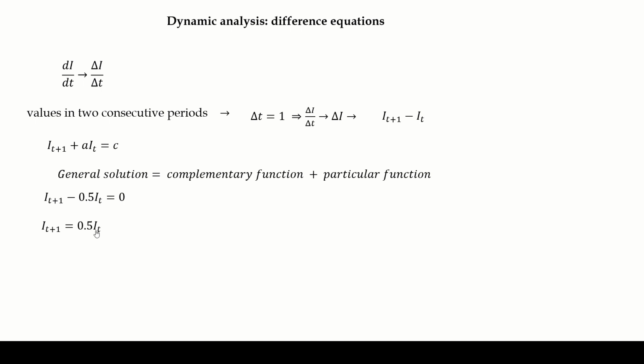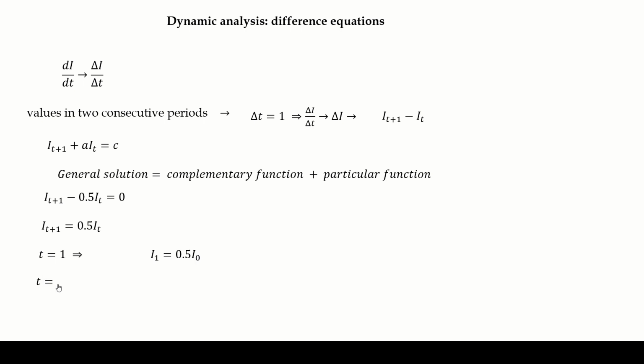I can write this equation in this form as well, and then if I substitute t equals 0, I will get I1 equals 0.5 I0. Again, I0 could be given to the model, so we know this value, and we can know the value of I1 given that we know the value of I0.